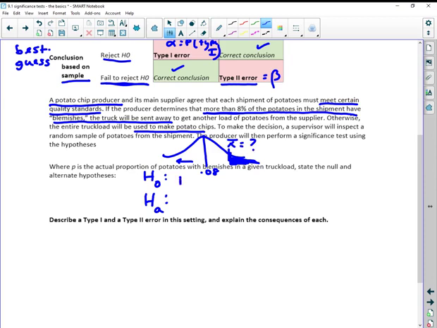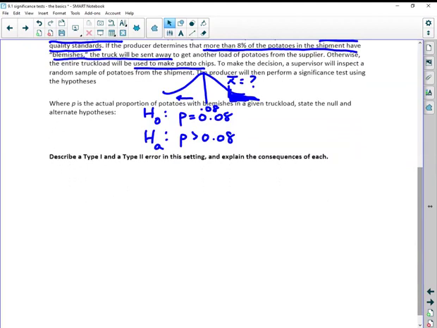So we are going to be looking at a null hypothesis of 0.08 compared to the alternative. When they're bad potatoes, they're going above 0.08. But notice that the 0.08 is in the middle, and our test statistic could show up anywhere, but if we're going to be rejecting it, it's probably going to be on the right. Now, describe the type 1 and type 2 error in this setting and the consequence of the error.